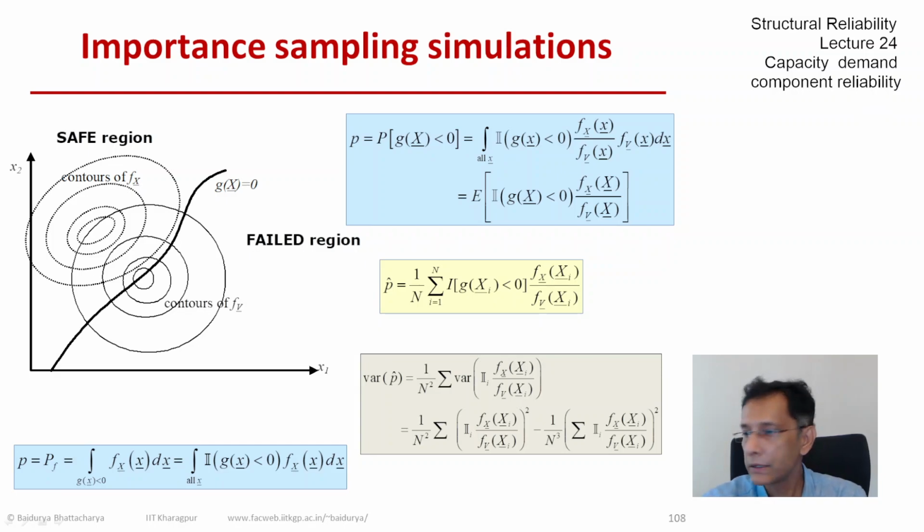So the last line that you see is basically that. So this is our new estimate of the failure probability, and depending on how we choose fV, this can become quite efficient.